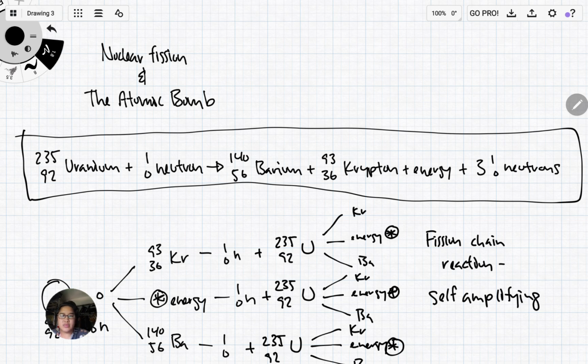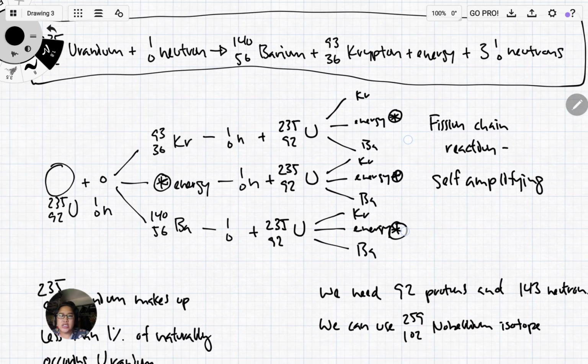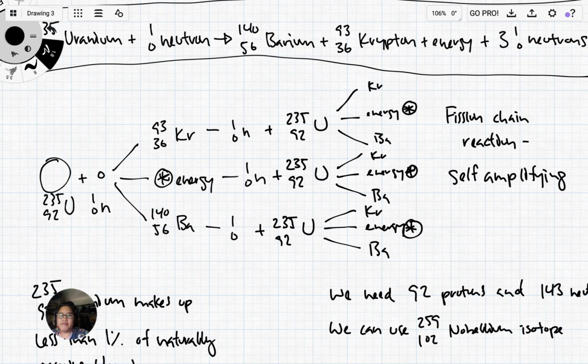Okay? And how this looks is like this. So here we have the uranium, here we have the neutron. They go together and then it splits into energy, krypton, and barium.